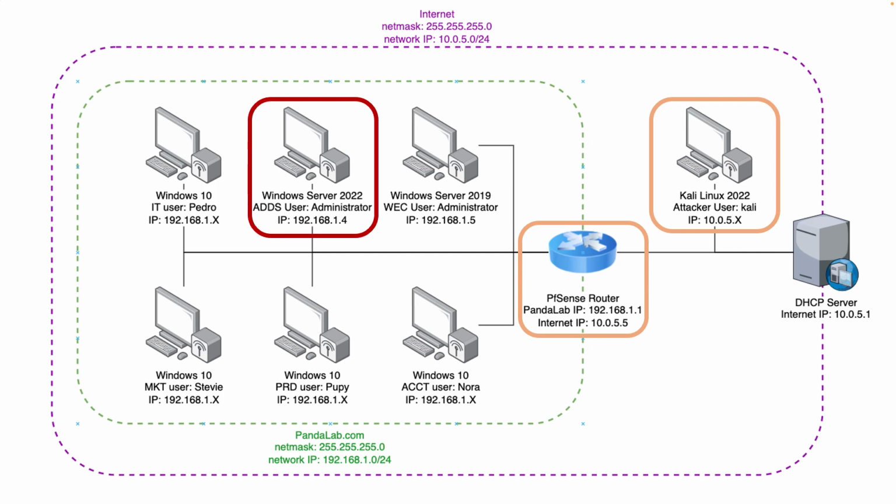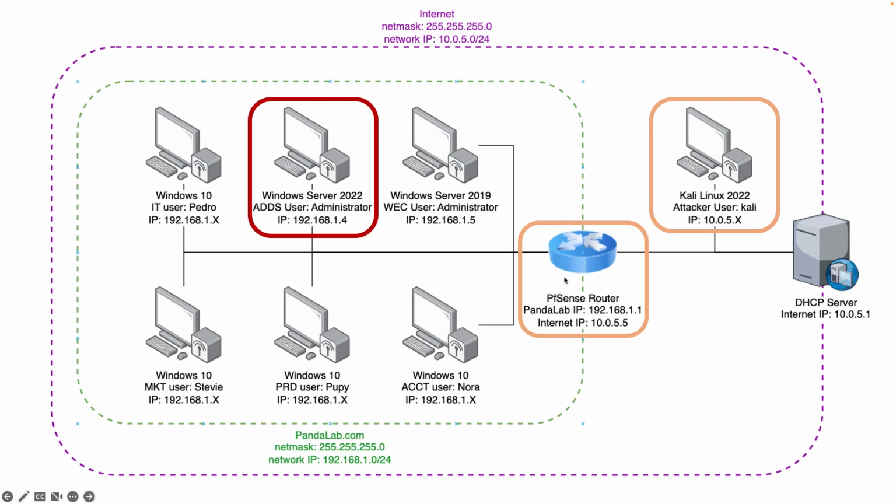Now that we added the DHCP server role to our Windows server, we have two DHCP servers for pandalab.com. So first we will configure the DHCP server role that we installed on our server, and then we will disable the DHCP server for the network adapter.